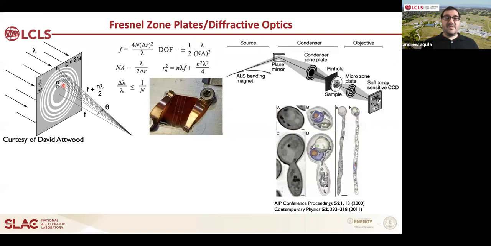And then I block it when it's a half wavelength, and I let light in when it's a full wavelength. So it always adds constructively, interferes. And we can actually calculate these equations, and we can figure out the bandwidth, depth of focus, and effectively make these out of gold or other materials where you have high Z absorption and maybe silicon or diamond transmissive.